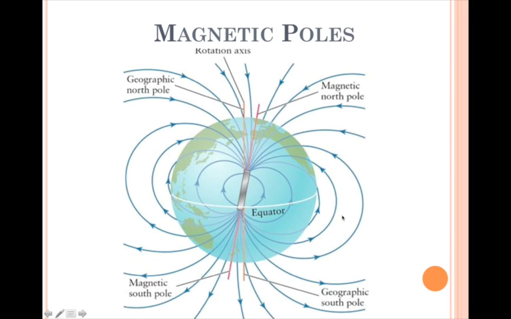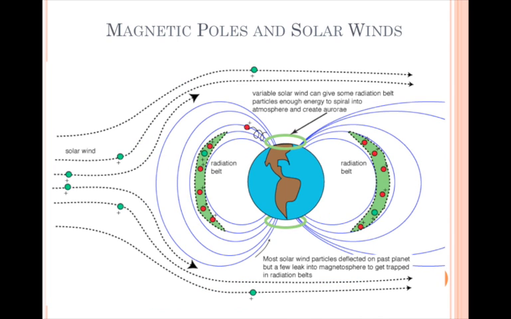The magnetic poles of the earth are formed because of the iron core of the earth and the release of the magnetic energy as it travels around the earth. And just like a magnet, we have a north and a south pole, and this magnetic field actually helps the earth to maintain its atmosphere. This illustration shows how it does that.